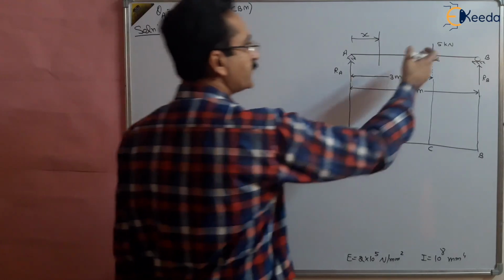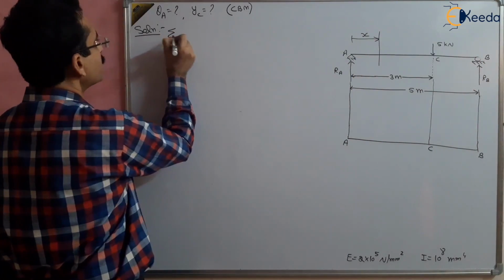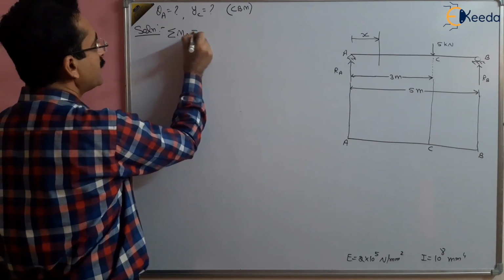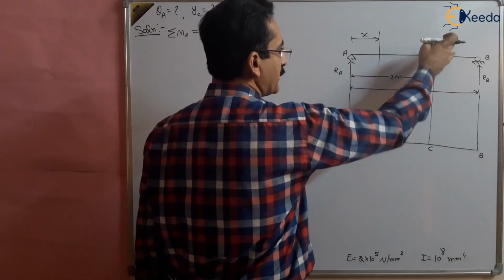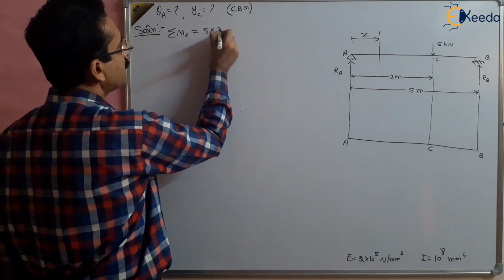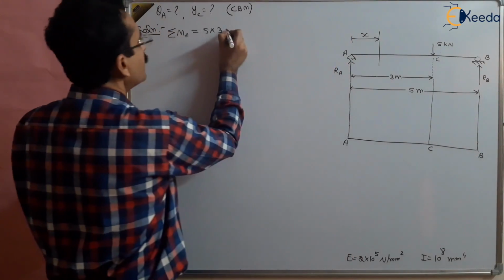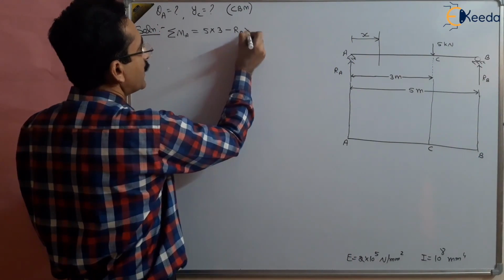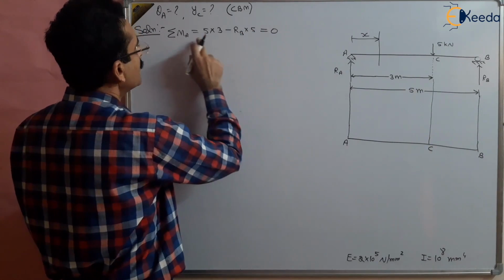Take the moment of these forces about any of the points, say point A. The moment of all the forces about point A should be equal to 0. The moment of 5 is 5 multiplied by 3, and it is clockwise. RB is anti-clockwise, so minus RB multiplied by 5, and this is equal to 0.